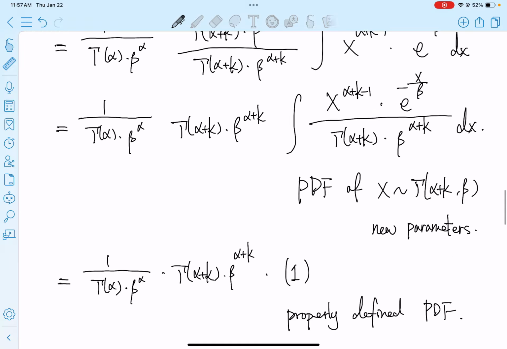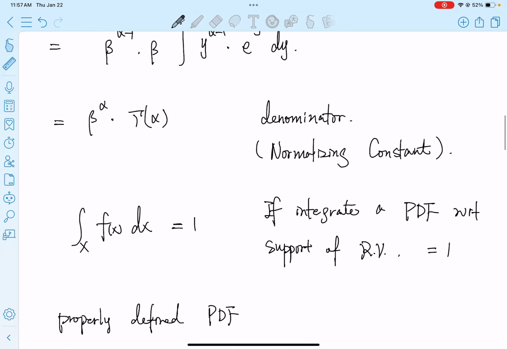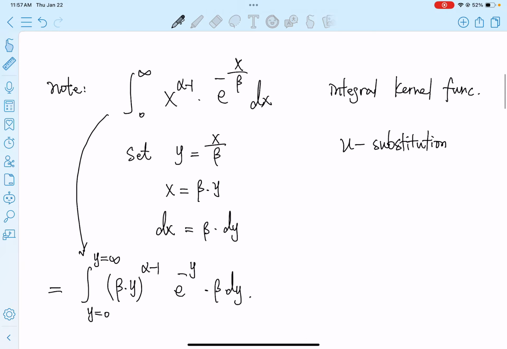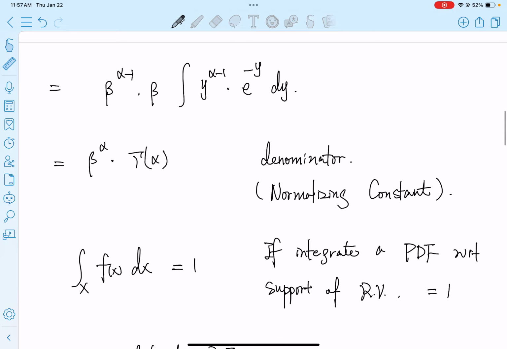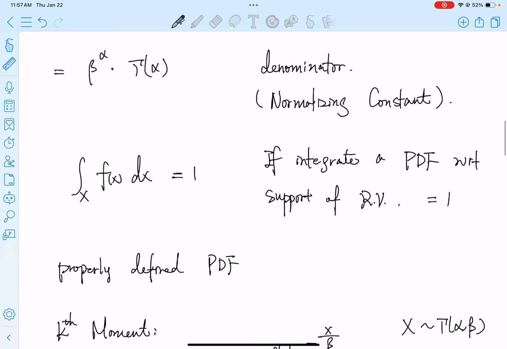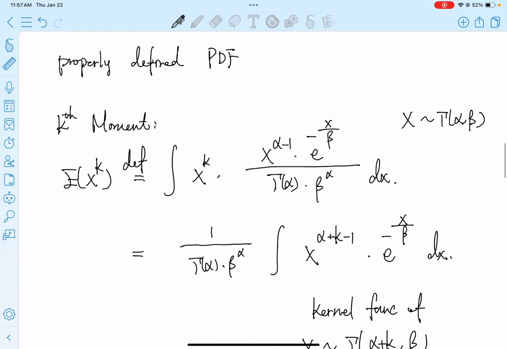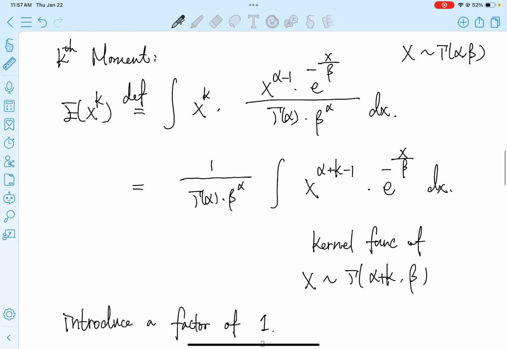That is due to a properly defined probability density function. Okay, so again, we show that when we integrate the kernel function, which is the numerator, we obtain the denominator. So that formula in the form of the fraction, the density function of the gamma, is properly defined, and it can integrate to 1. Now we want to evaluate the kth moment by introducing another x to the k.